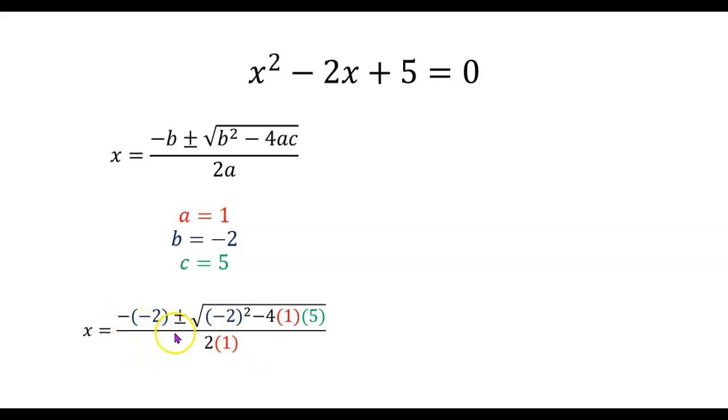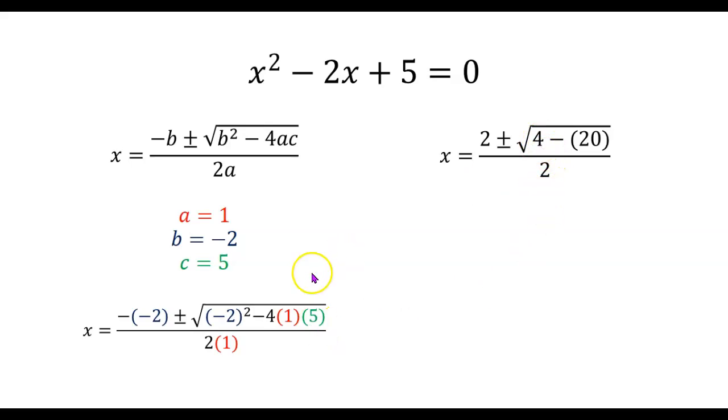Minus negative 2 plus or minus the square root of negative 2 squared minus 4 times 1 times 5 all over 2 times 1. So negative 2 would just be a positive 2. Negative 2 squared would be a positive 4. 4 times 1 is 4 times 5 is 20.